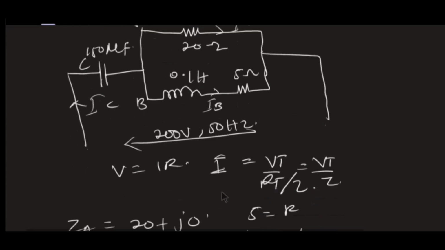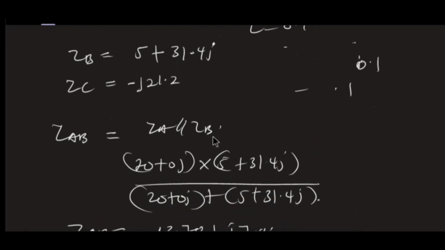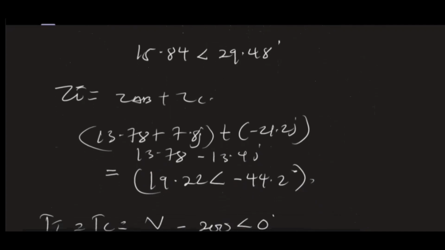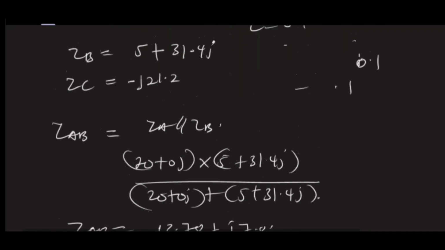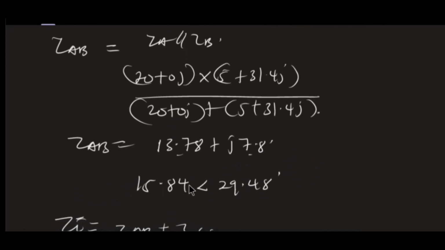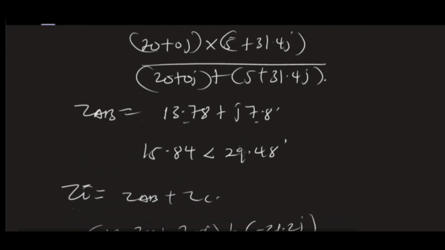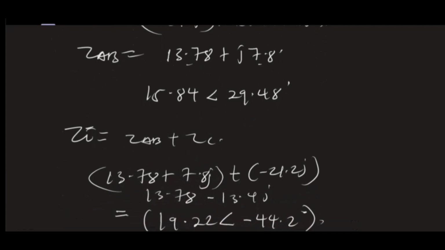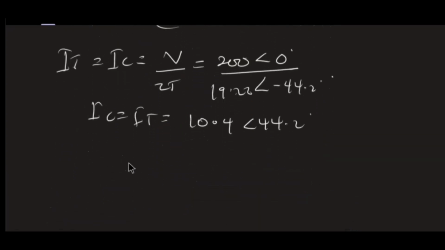So let's see. I know that the impedance ZAB in the polar form from the beginning, I got 15.84 and this angle, right? So I'm simply going to multiply my impedance ZAB by the total current, which will give me my voltage across AB.